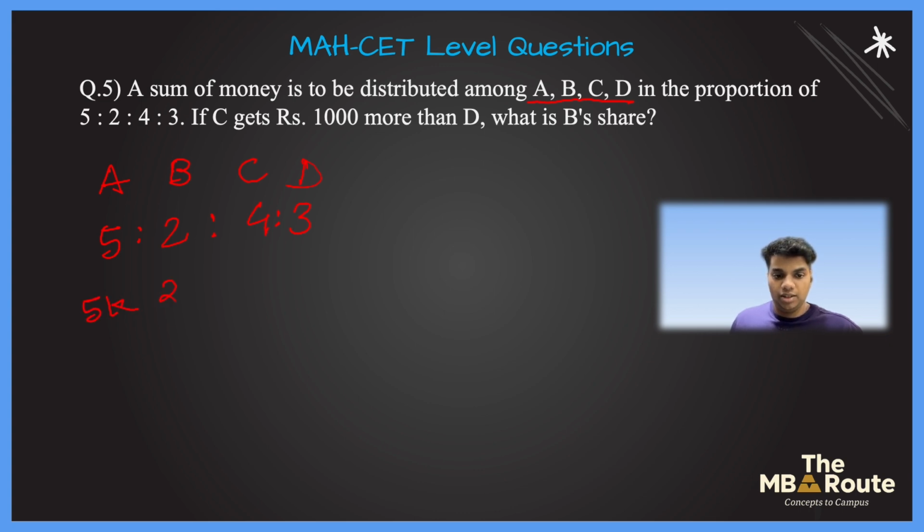This is 5k, this is 2k, this is 4k, and this is 3k. We know that C gets 1000 more than D, that is, the difference between the two is 1000. So 4k minus 3k is equal to k, which is equal to 1000. What is B's share? B is 2k, so 2k is equal to 2000. A very easy question.